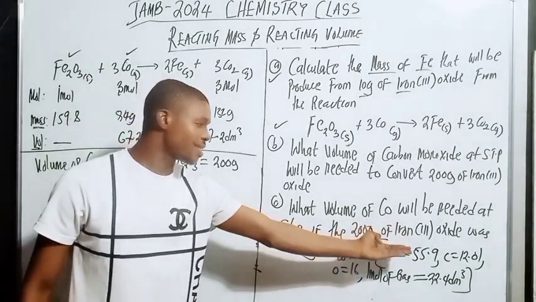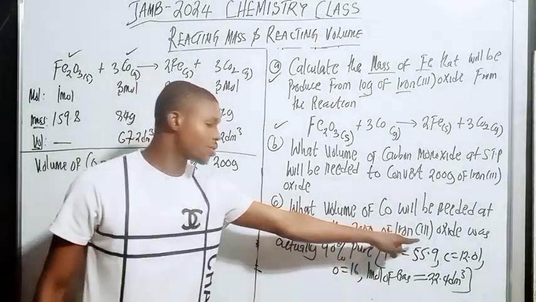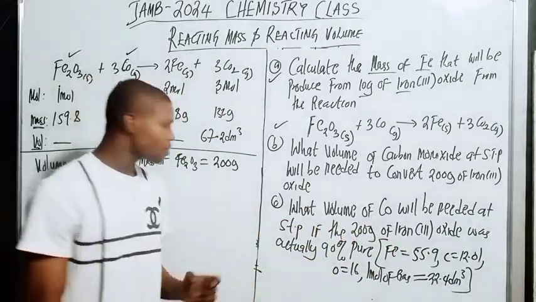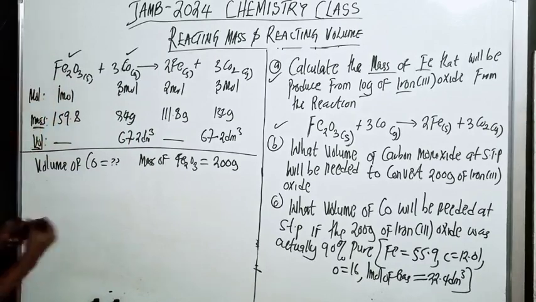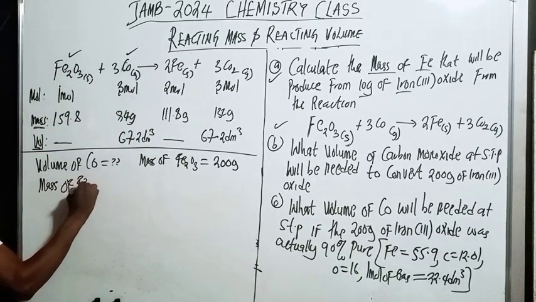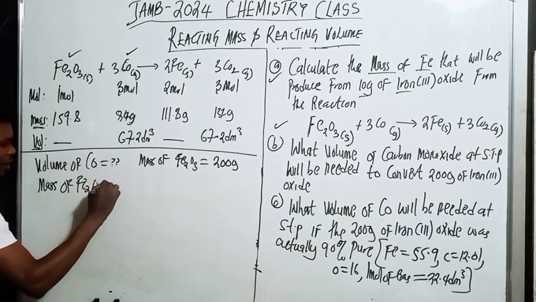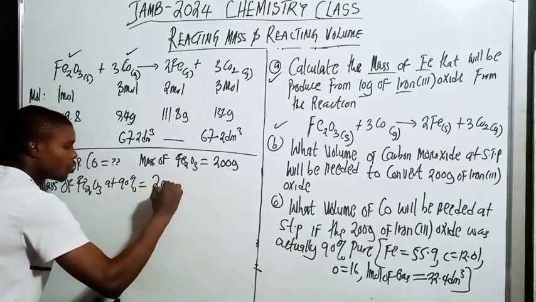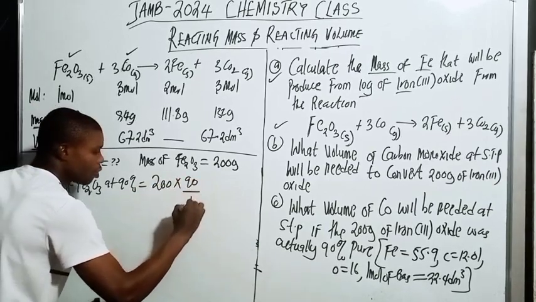Now the mass of iron trioxide is 200, but they say it is 90% pure. So to get the mass of Fe2O3 at 90%, it is going to be 200 times 90 over 100.